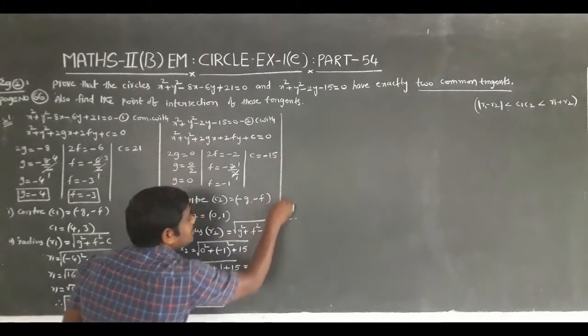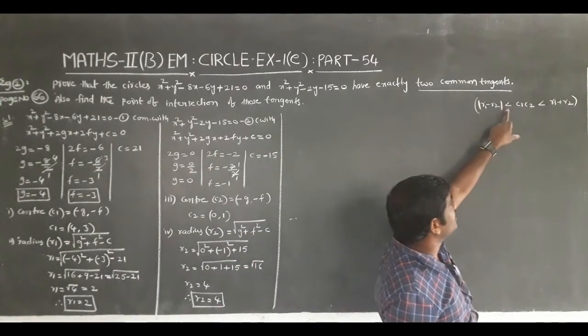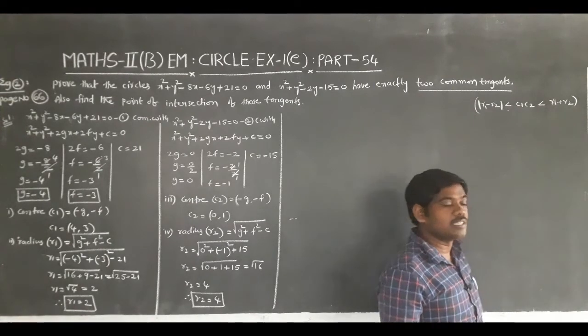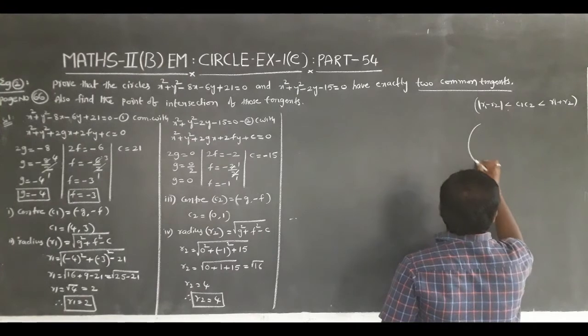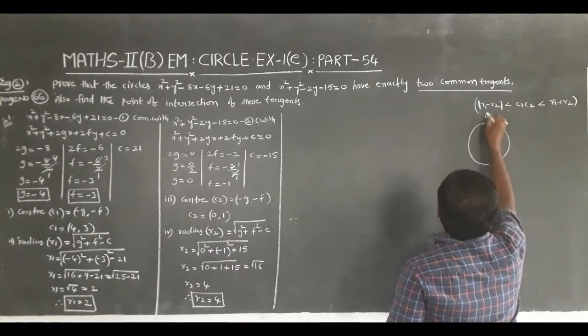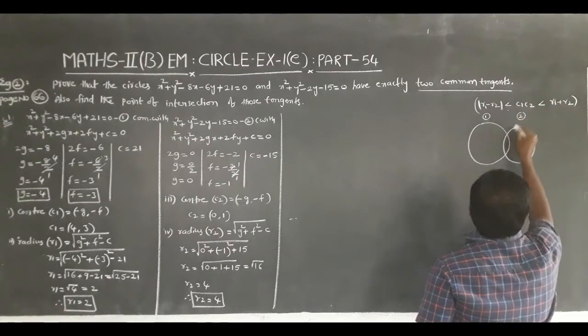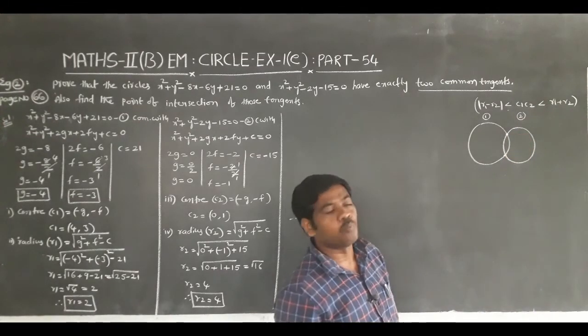Here we check the condition. Mod of R1 minus R2 is less than C1 C2 is less than R1 plus R2. This is the first circle. This is the second circle. Here two circles intersect in two distinct points.